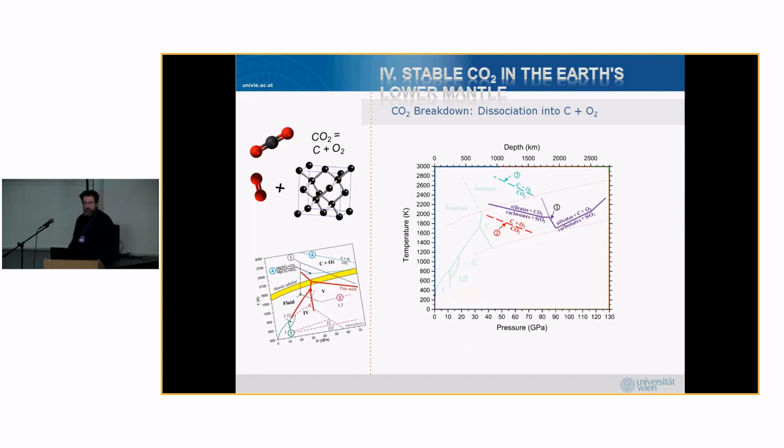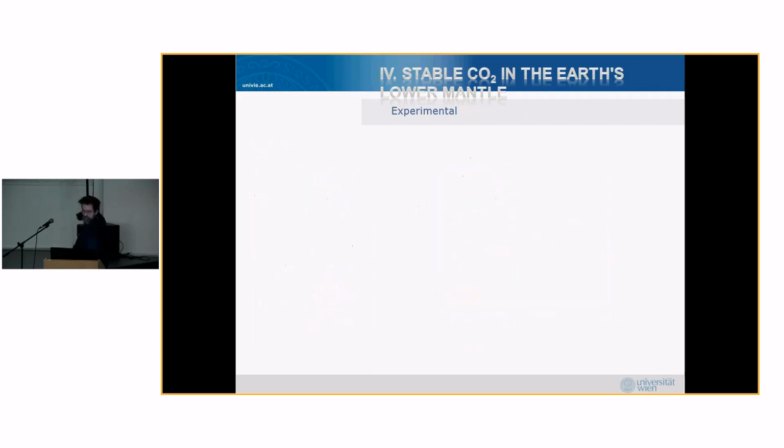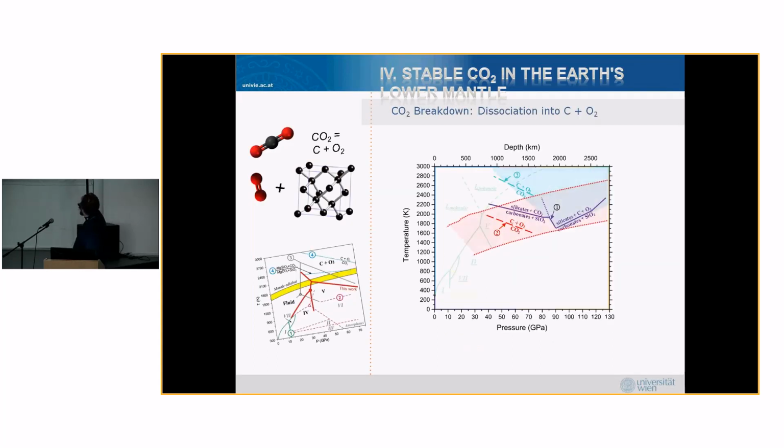That was well established, and in principle, you can say that most of the people have said in this area here, above this here, there is no CO2 existing because it's breaking down to diamond, having a disproportionation to carbon as a diamond, and then having to release the oxygen, which is in the Earth's mantle, known to oxidize the iron components. So that was the model that has been established.